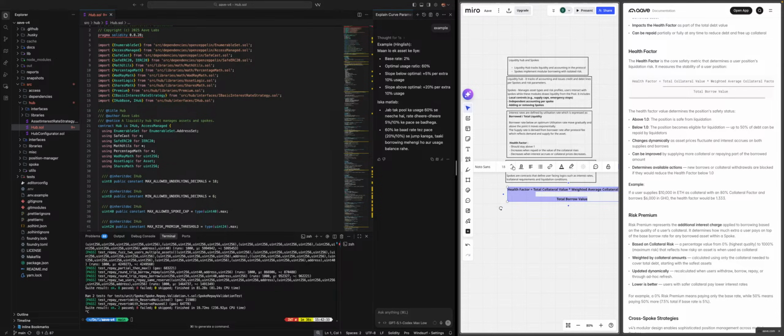Can I increase it a little bit? I think that'll make more sense. So a health factor is basically total collateral value, which is the worth of the collateral that the user is willing to provide, multiplied by average collateral factor, which I don't know what it is, and divided by how much the user is borrowing, which represents the health factor.